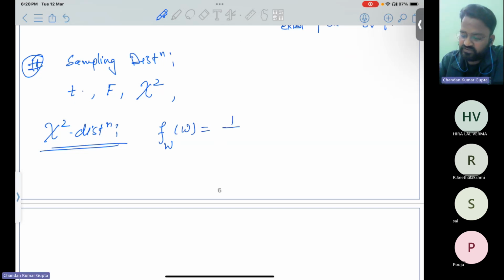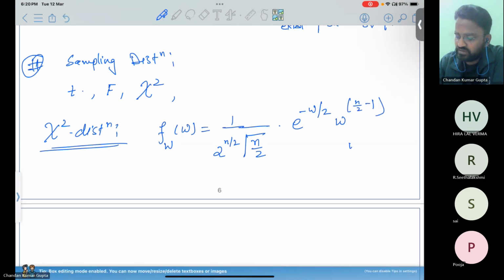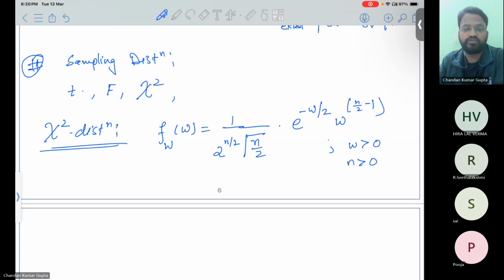The PDF of this is 1 over 2 to the power n by 2 gamma n by 2, times e to the power minus w by 2, times w to the power n by 2 minus 1. Here w is greater than 0 and n is greater than 0. Here n is called the degree of freedom for the chi-square distribution or chi-square variate.